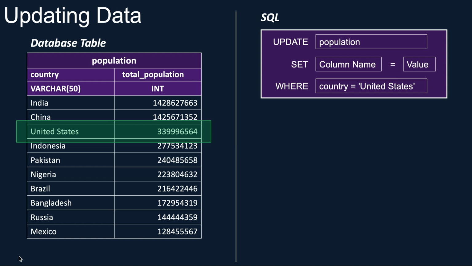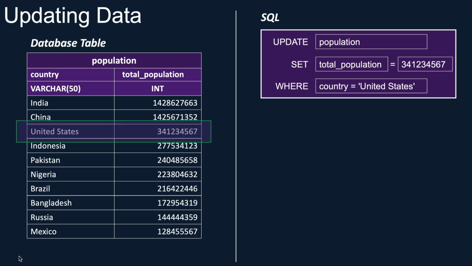In our example, we want to update the record where the country is United States. So let's add the condition in the where clause. It'll be where country equals United States. And finally, we need to set the new value for the column total population. We do that in the set statement.